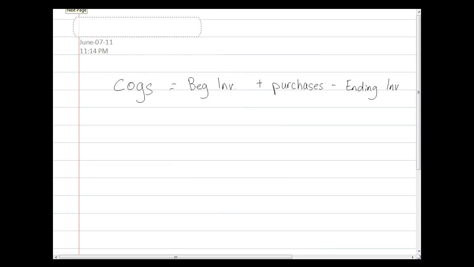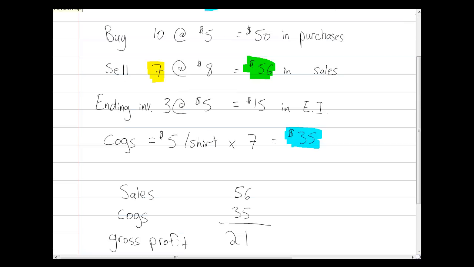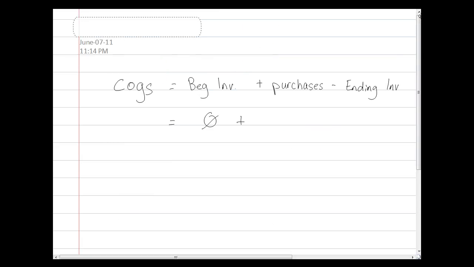The first thing we need to know is our beginning inventory. Well, in this example we said let's assume we were a new business, so our beginning inventory was basically 0. We started off with no inventory. But then we bought a bunch of t-shirts. We bought 10 t-shirts at $5 each, so our purchases was this number up here, the $50 in purchases. And so I'm going to plug that into this formula. And then all we have left to do is to subtract our ending inventory.